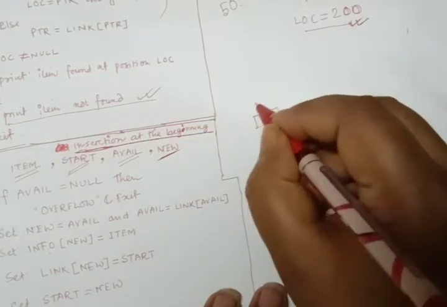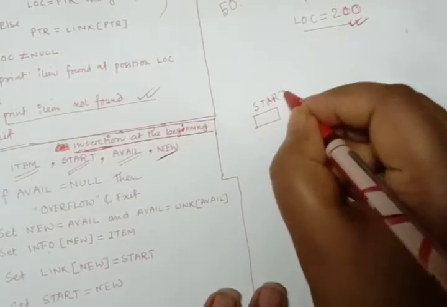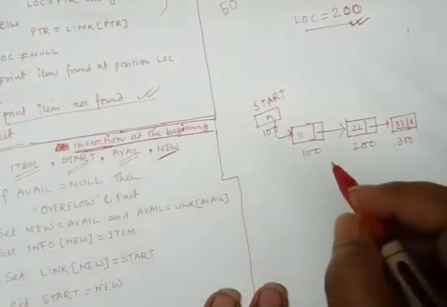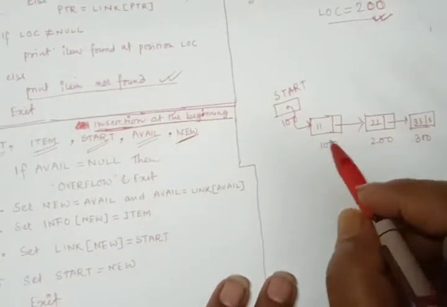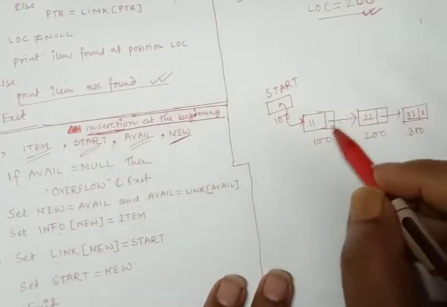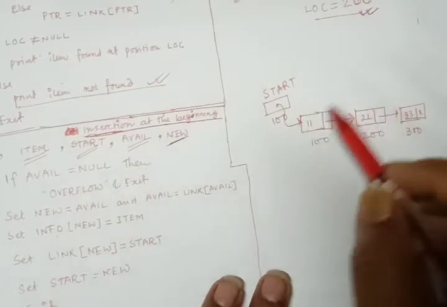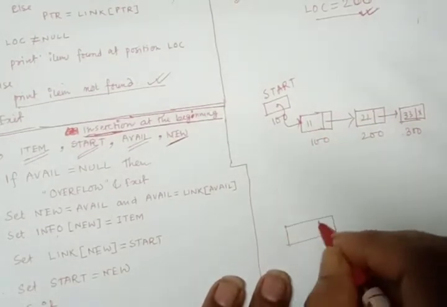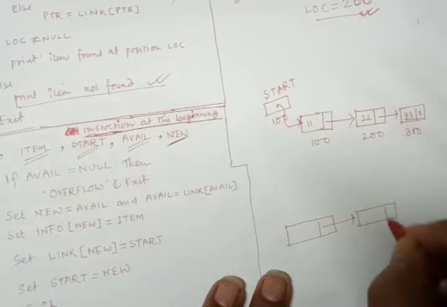Okay, the value of start is what? The value of start is 100. Starting address of the list is 100. Now, as I have already told, apart from this used list, the system maintains one more list, and this is the available list.